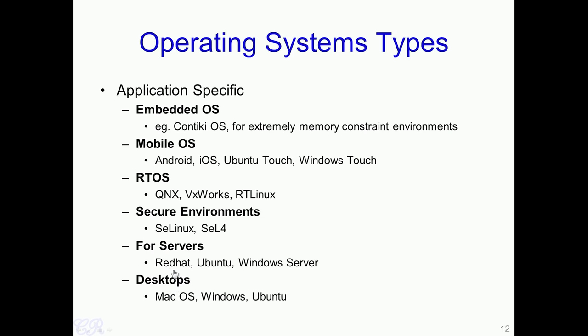Server operating systems are, for example, Red Hat, Ubuntu and Windows Server, while desktop operating systems are, for example, Mac, Windows and Ubuntu. While these two types of operating systems have several similar features, there may be subtle differences in the way the OS manages the various applications running on it.